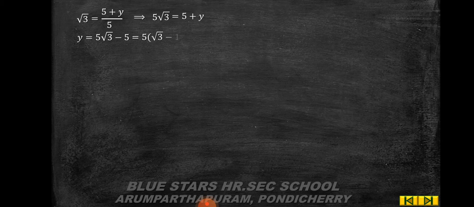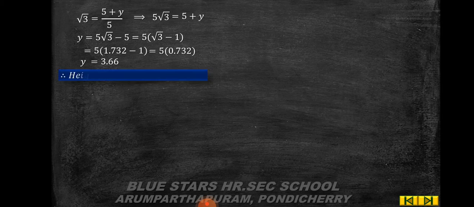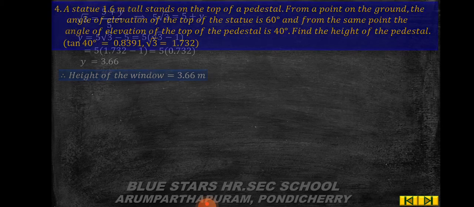We can take 5 common out, which is 5 into root 3 minus 1. The value of root 3 is 1.732 minus 1, which is equal to 5 into 0.732. Therefore, the value of Y is equal to 3.66 meter. Therefore, the height of the window is equal to 3.66 meter.